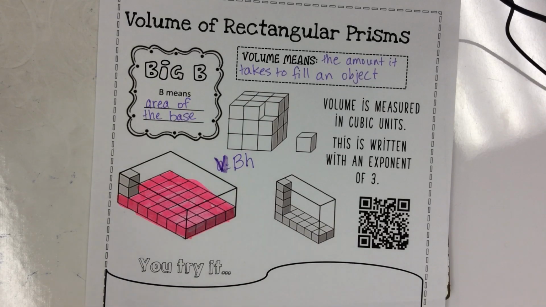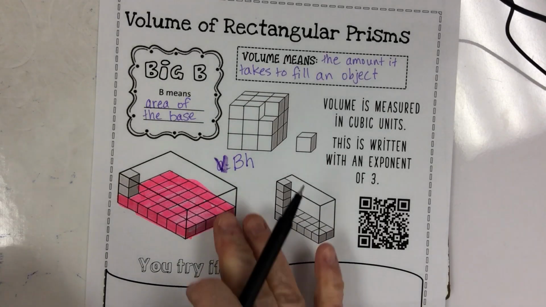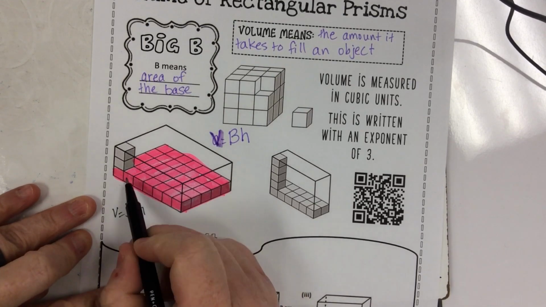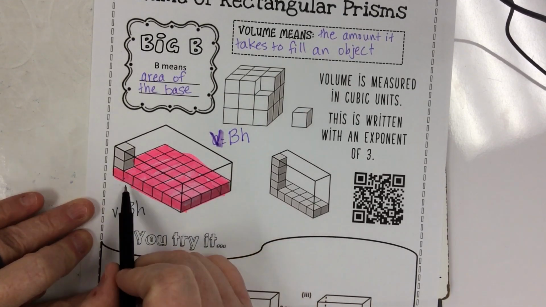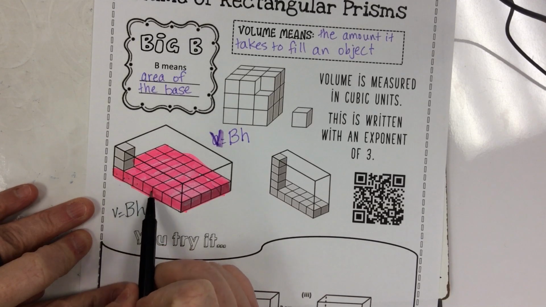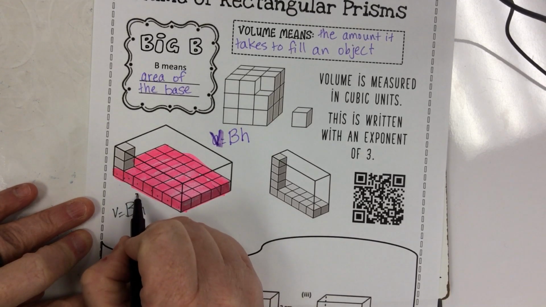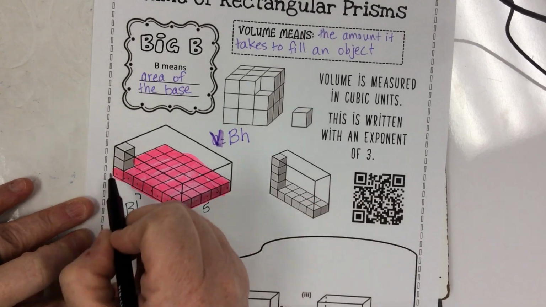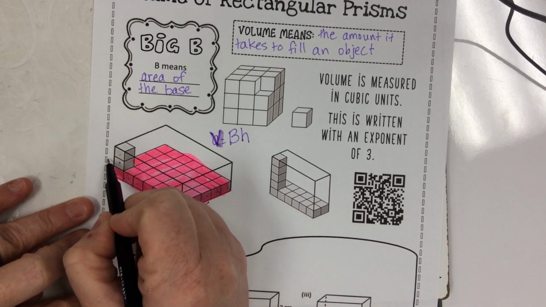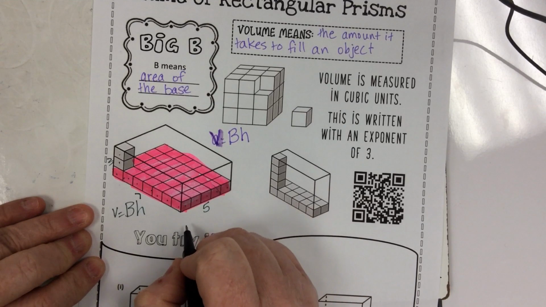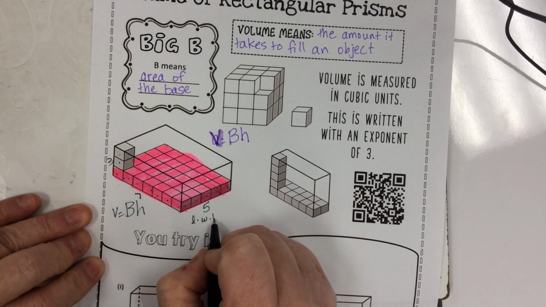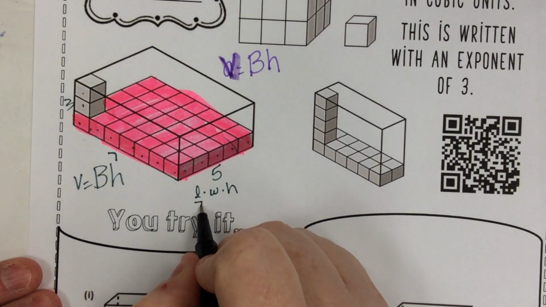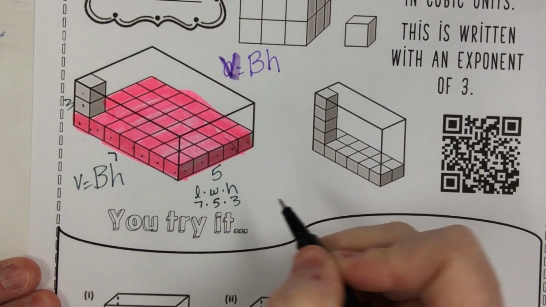If I'm doing big B times H here, my base is this rectangle. So my length and width, 1, 2, 3, 4, 5, 6, 7 by 1, 2, 3, 4, 5. And then my height would be 1, 2, 3. In elementary, you learned length times width times height, and we would say 7 times 5 times 3.